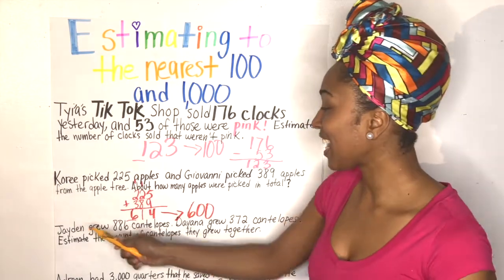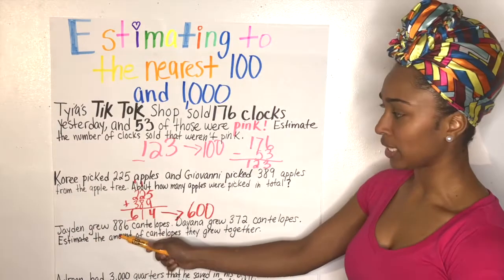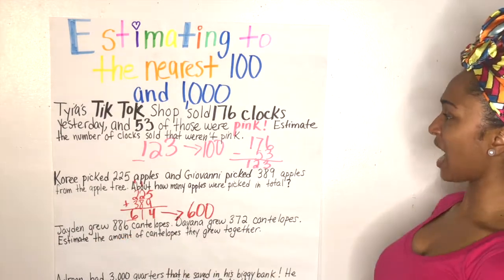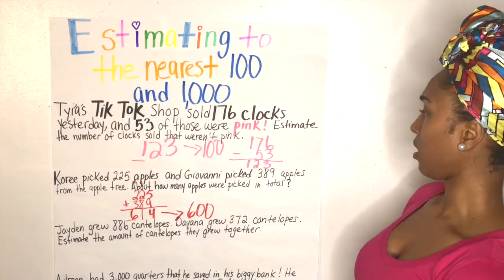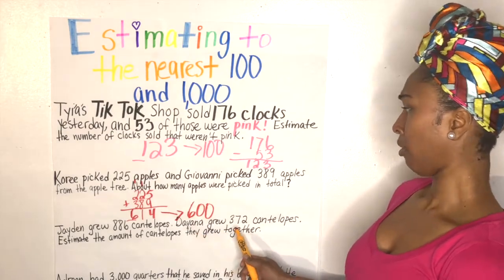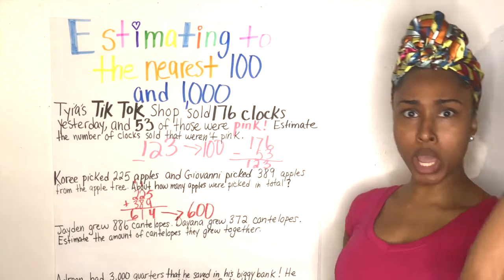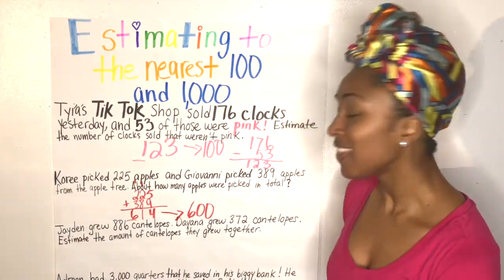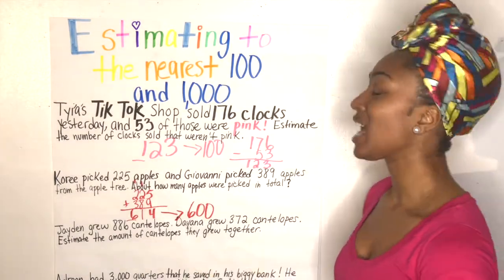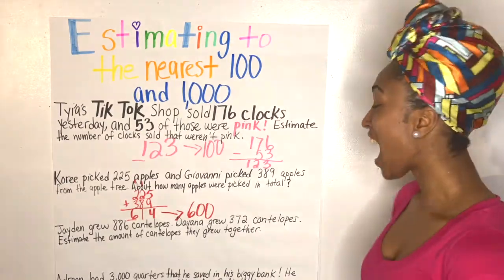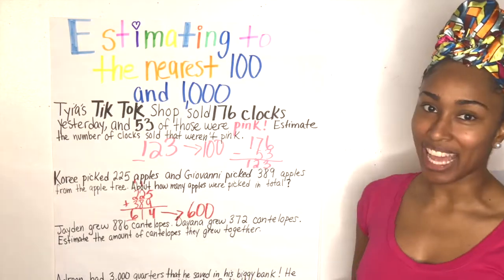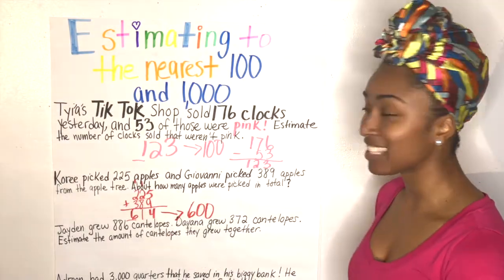Okay, Jaden grew 886 cantaloupes. Whoa. Diana grew 372 cantaloupes. Estimate the amount of cantaloupes they grew together. All right, so first, before I can just make an estimate, I'm going to add these two together.